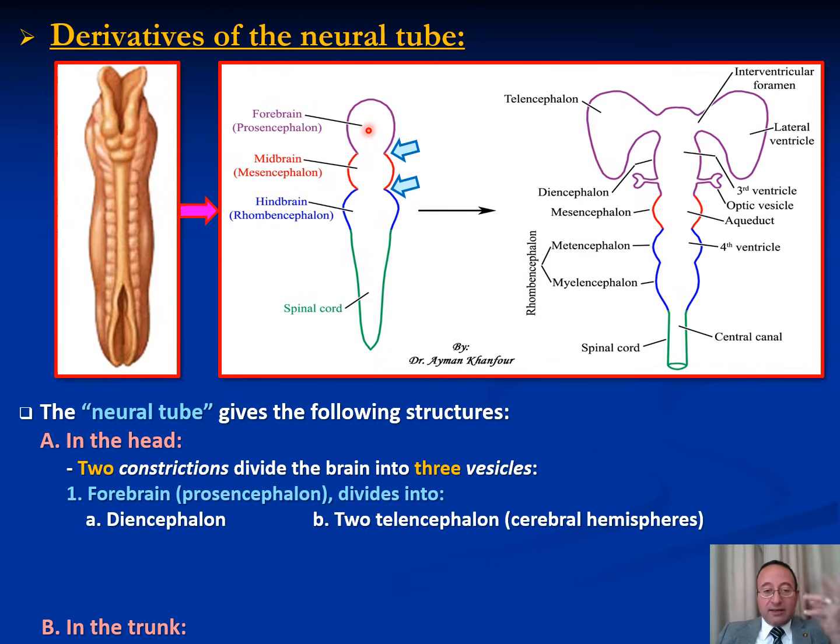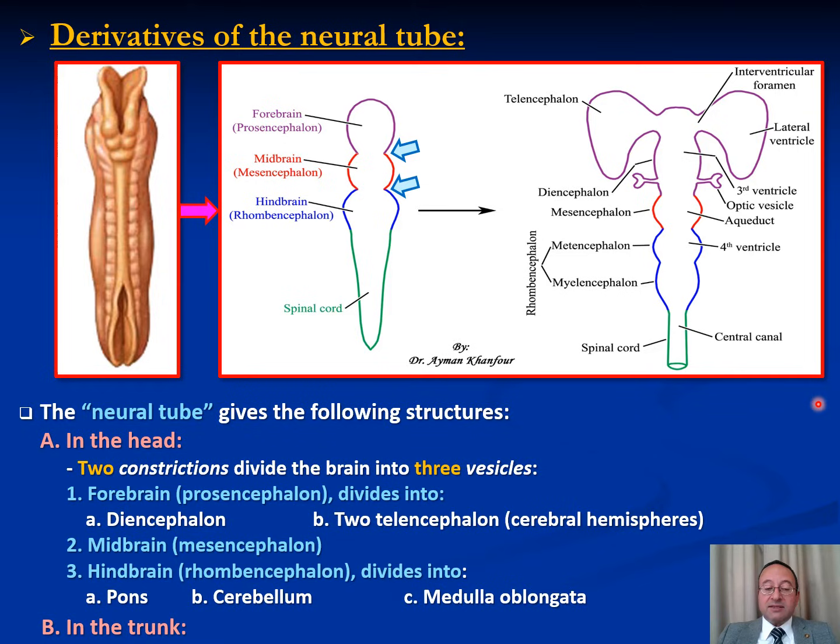The upper vesicle, or the upper part, forms what's called forebrain or prosencephalon, which divides into diencephalon and 2 telencephalic vesicles, which will form the cerebral hemispheres. The next part is called midbrain or mesencephalon, which is this in red color. It gives the midbrain.